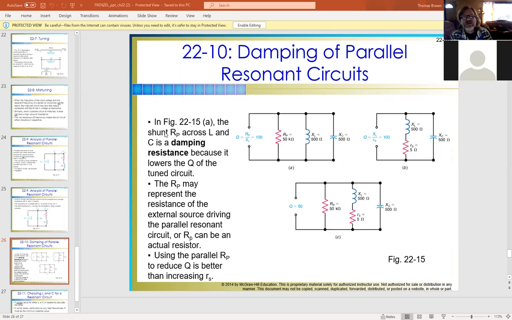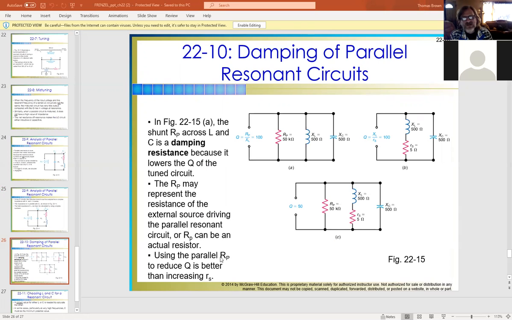So the shunt, the R of the parallel across the inductor and the capacitor, is a damping resistance because it lowers the Q of the tuned circuit. So RP may represent the resistance of the external source, or it can be an actual resistor placed in there to induce this effect, if you will.